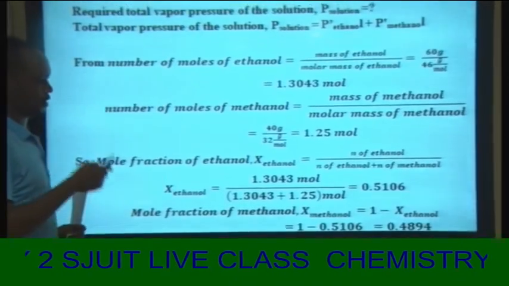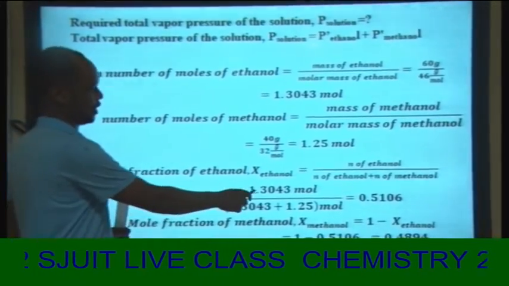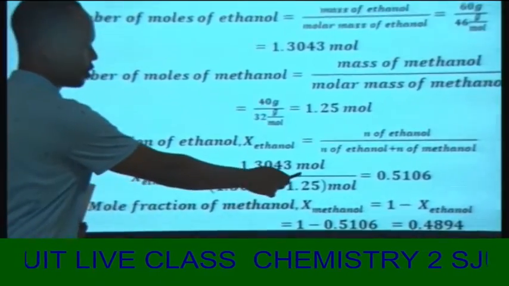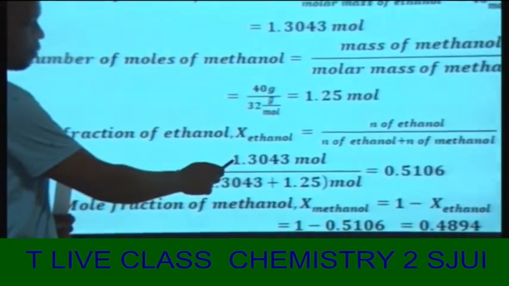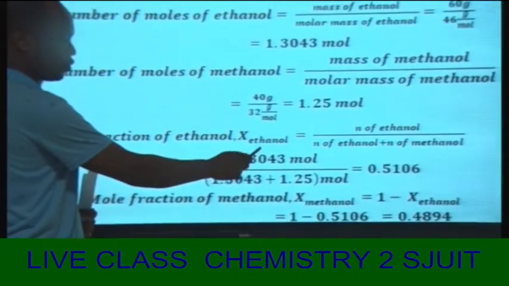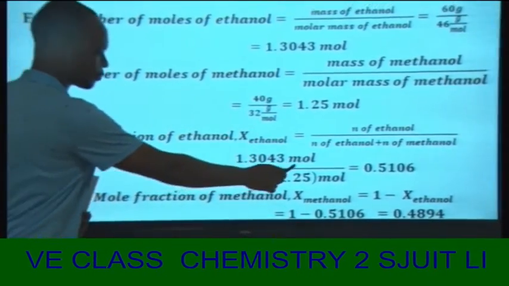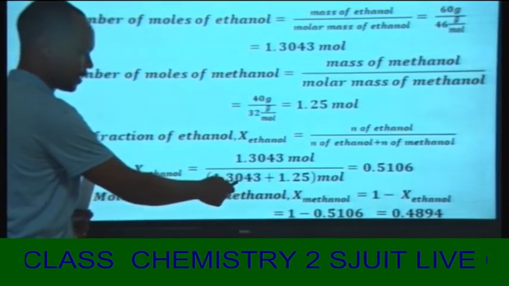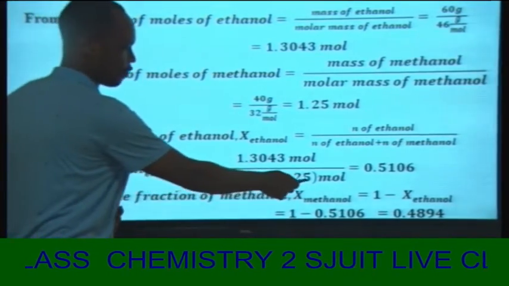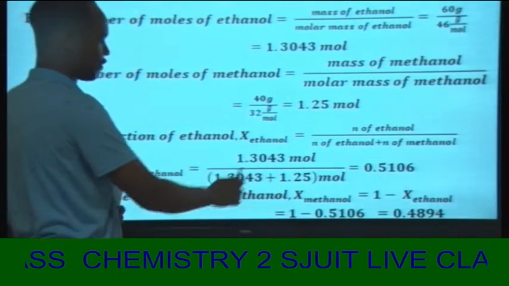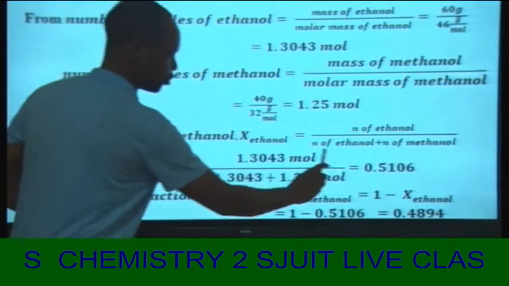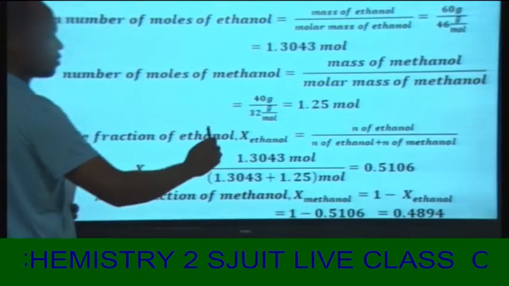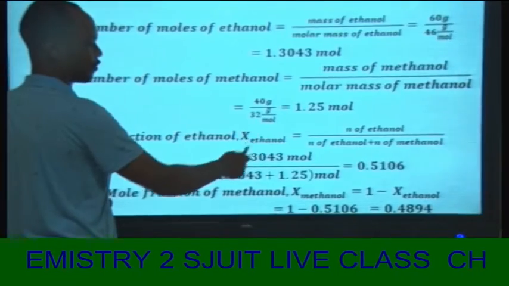Here, the number of moles of ethanol is 1.3043 moles. The total number of moles takes the number of moles of ethanol plus number of moles of methanol. The mole fraction of ethanol is equal to 0.5106.